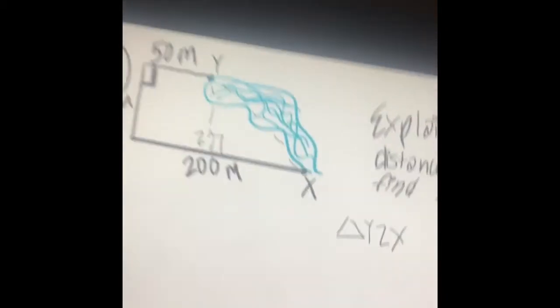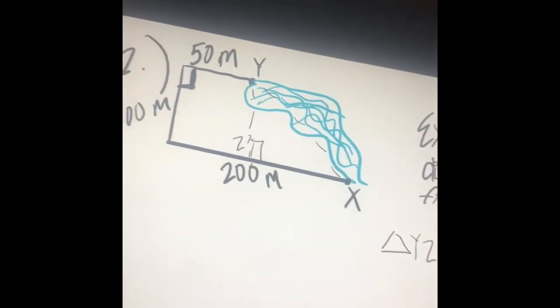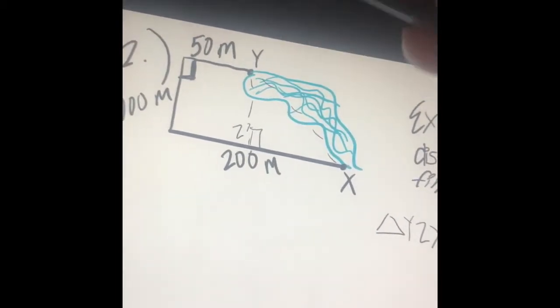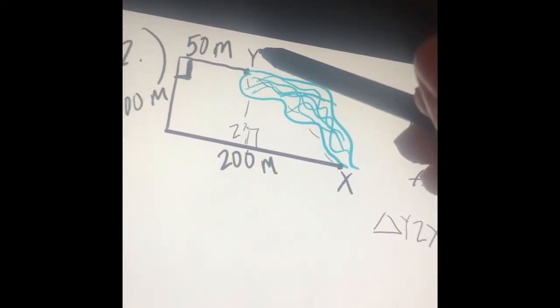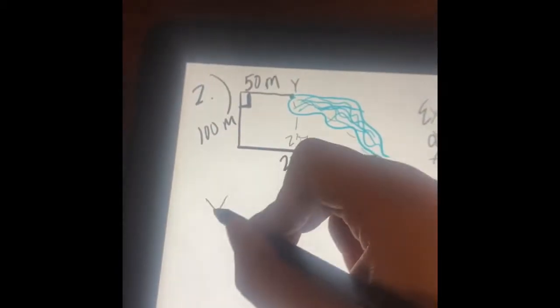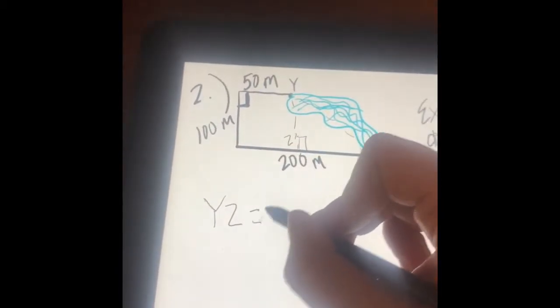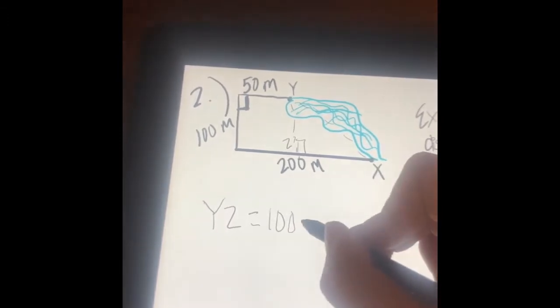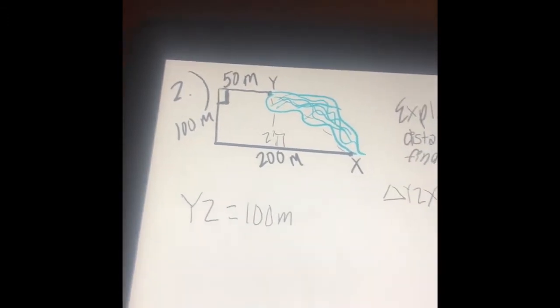Looking at this right triangle that I formed, I can see here that side YZ will equal 100 meters. So I'll just write that down here. YZ equals 100 meters.